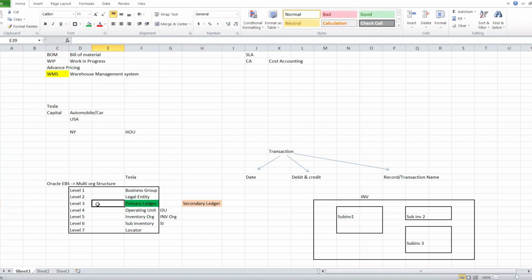Now, in the locator also, suppose this is locator 1, locator 2, locator 3, and locator 4. So this sub-inventory has 4 locators, this sub-inventory has locators L1, L2, and this sub-inventory has L1, L2, something like that. Do you get my point?